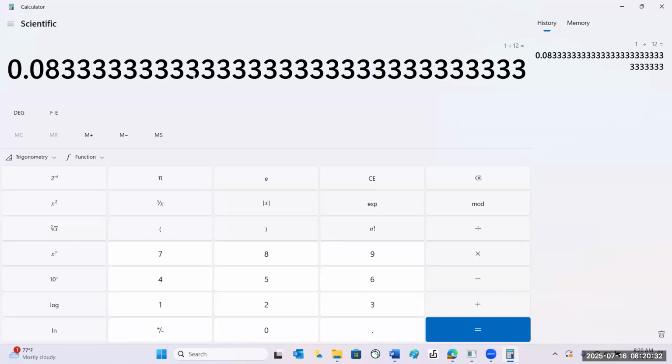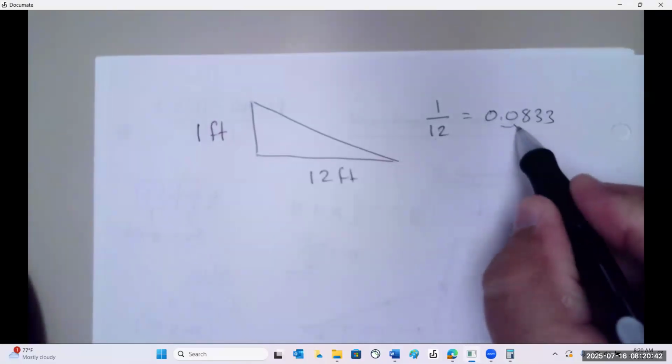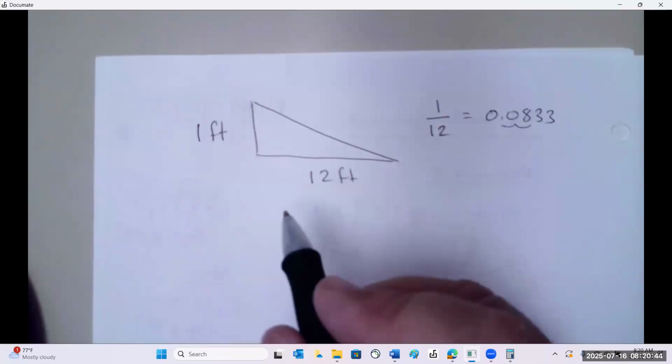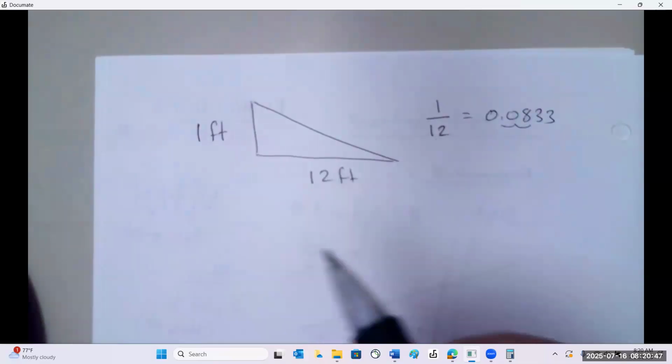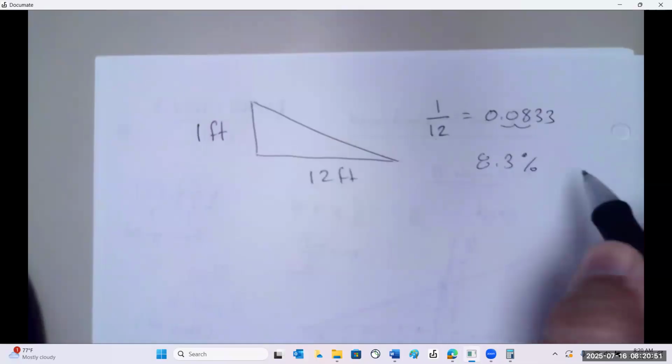1 divided by 12 is 0.08333. Did we see that number before? What would that be in percent? Remember I said percent is part over total times 100, so you move the decimal two spaces. It's going to be 8.3%.